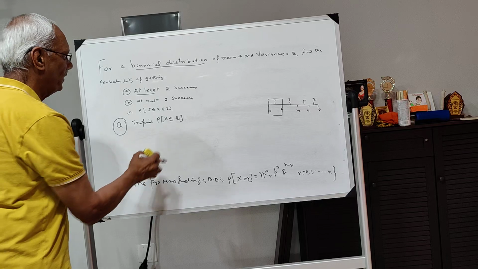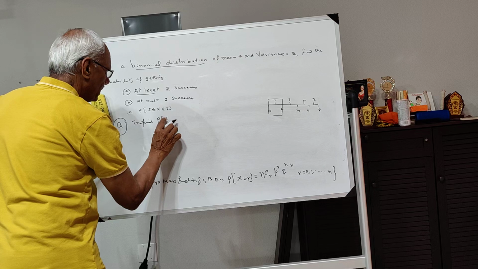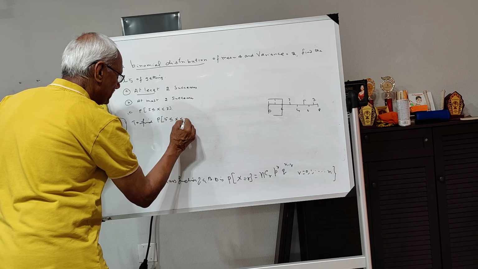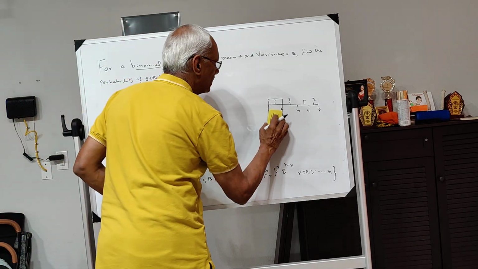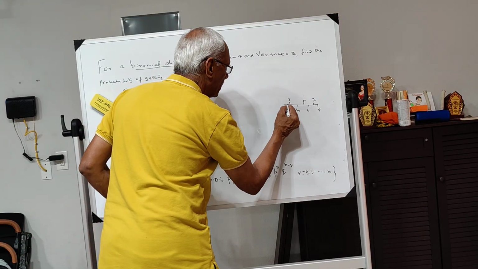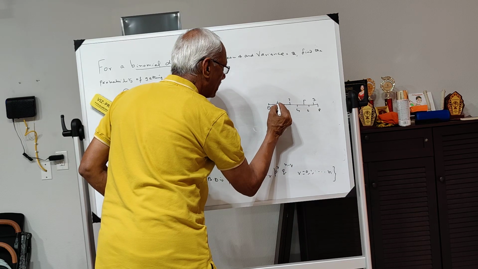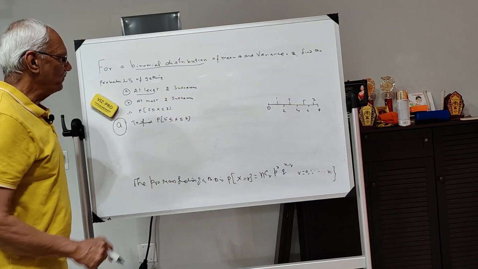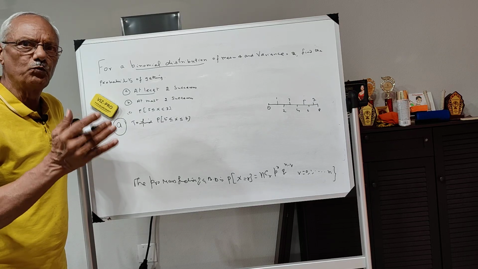See, the third one is to find P of 5 less than or equal to x, less than or equal to 7. Here you are asked to find the number of successes lying between 5 and 7, both inclusive.